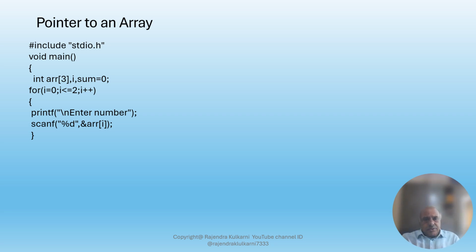It has a dimension 3, so it will store 3 int constants, and through this for loop the user will be prompted to input the constant to assign to the array element. So scanf %d &arr[i] causes the entered number to be assigned to array elements arr[0], arr[1] and arr[2] as the loop iterates.